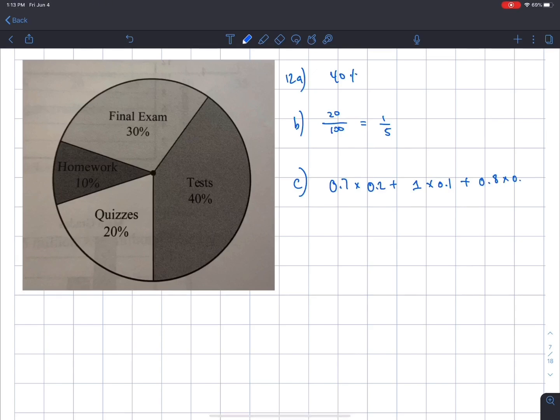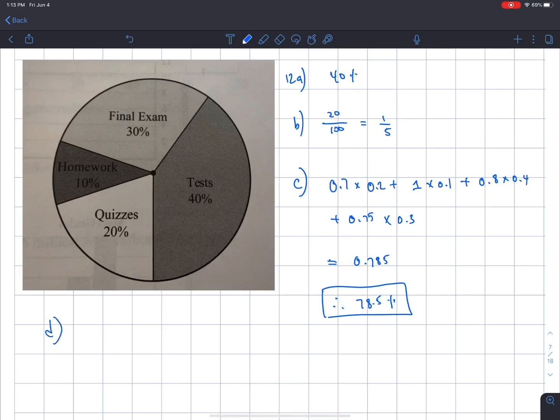Tests account for 40%. And finally, 75% on the final exam. The final exam accounted for 30% of the entire grade. And then now we just type that in. We get 0.8785, and that's 78.5%. So that's what the student got in this course.